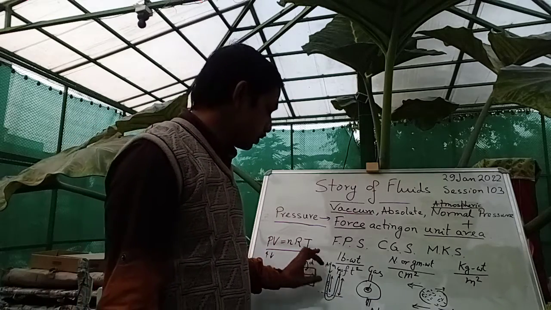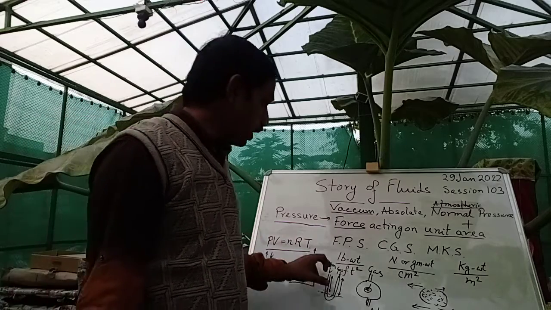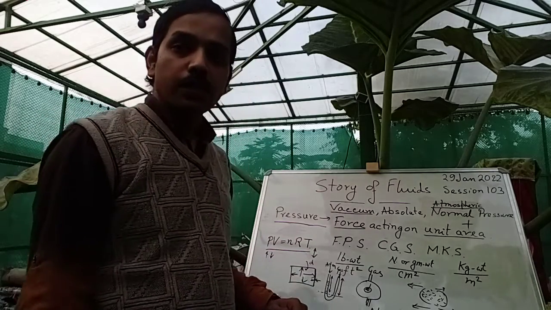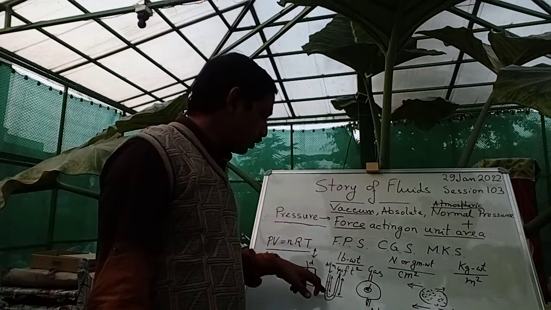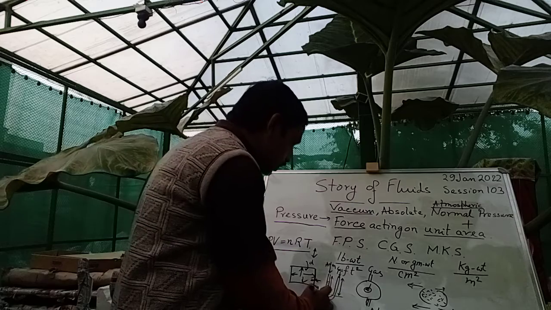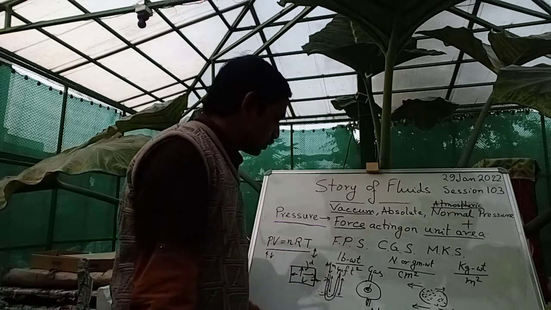So what is the composition of that column, depending on the density and the circular area? The total weight you have to balance, and from there you can understand what the pressure could be here or here.